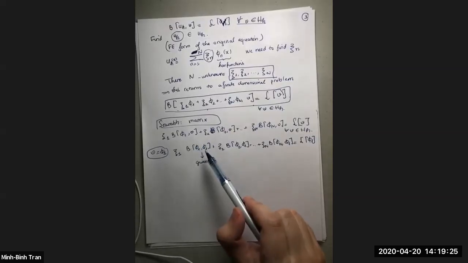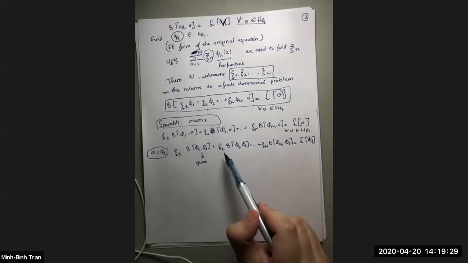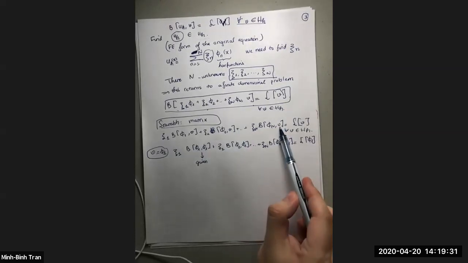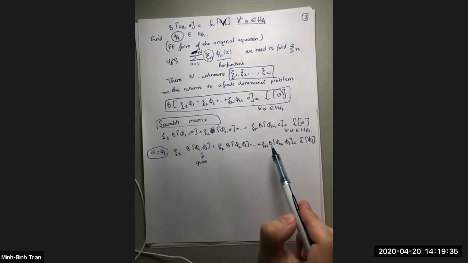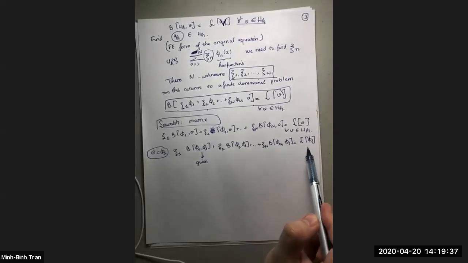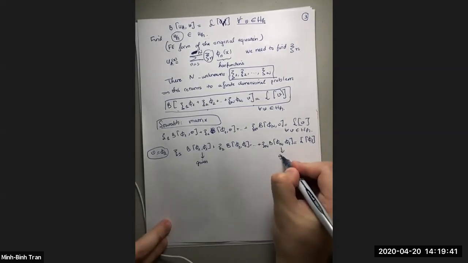So when V is phi1, I have C1 B(phi1, phi1). When V is phi1, I have C2 B(phi2, phi1). When V is phi1, I have Cn B(phin, phi1), and this is equal to L(phi1). So this is given.